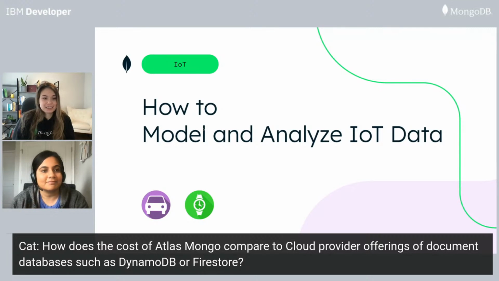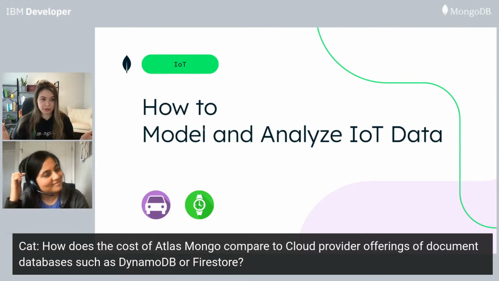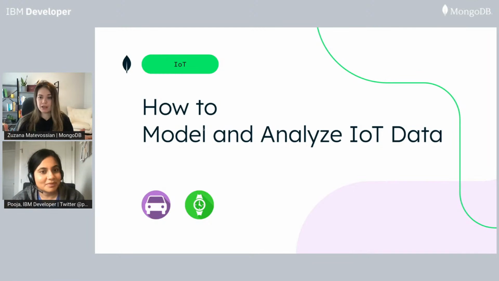I really don't at this point, because it depends on what you're trying to do. It depends very much on how you're modeling your data, what your cluster size looks like, and what your access patterns look like, and you would have to play with that a little bit. So if anyone has questions such as that, I would encourage you to talk to Mongo directly.